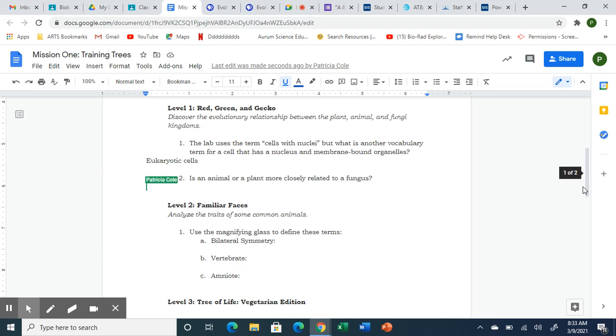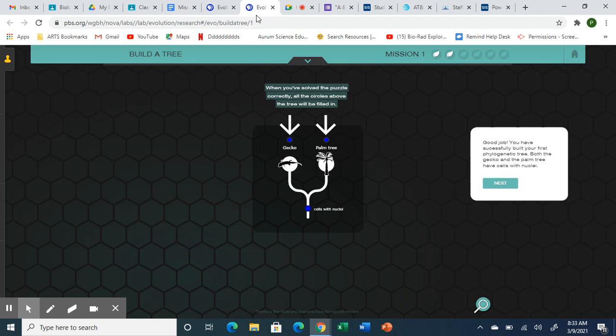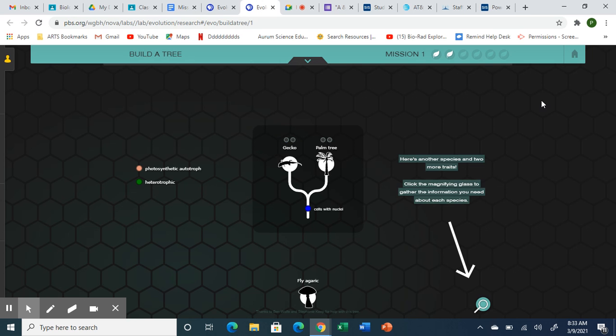Is an animal or a plant closely related to fungus? Well, let's see if we're going to see anything in here. Let's say next. And back over here, we're going to say next. Here is another species and 2 more traits.